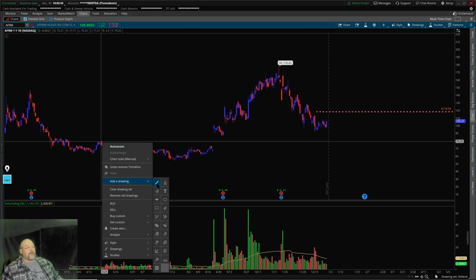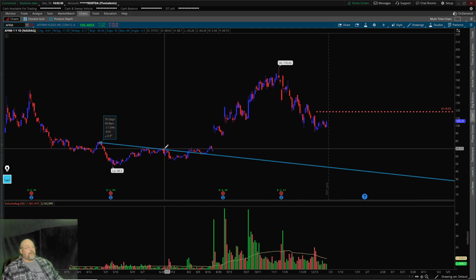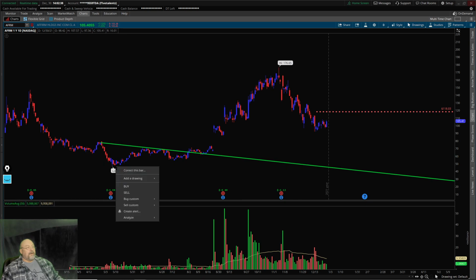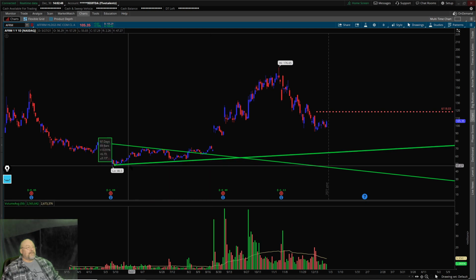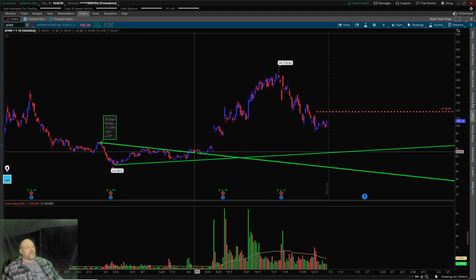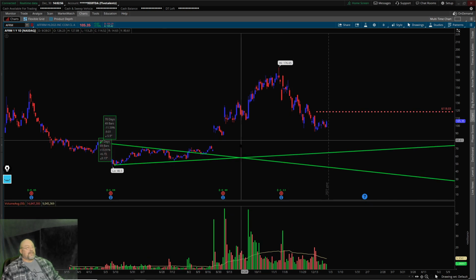So here, after it broke that trend, we could have set that up right here, and have a wedge pattern here, which we do. Okay, here's the support, here's resistance, it breaks out. Now this right here is pretty much symmetrical. It's not pointing down, it's not pointing up.